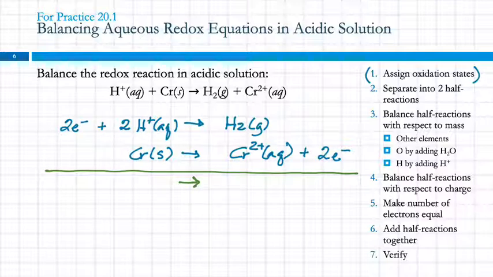Kind of like the reverse of what I did up here, except I messed around with them a little bit. I have 2 electrons on the left and 2 on the right, and so those cancel out. Because this reaction loses 2 electrons, and those 2 electrons are gained by this one, and so these don't show up in our final equation.